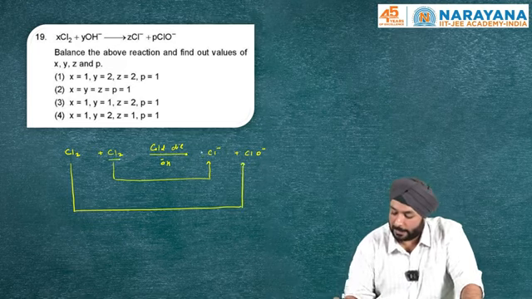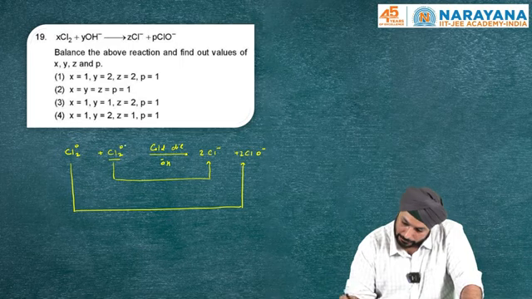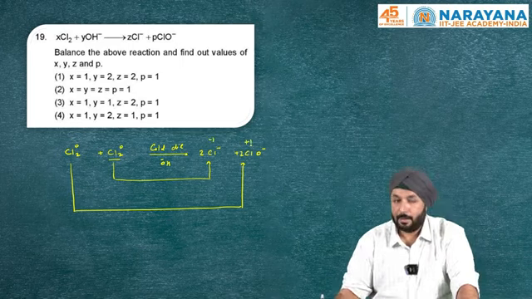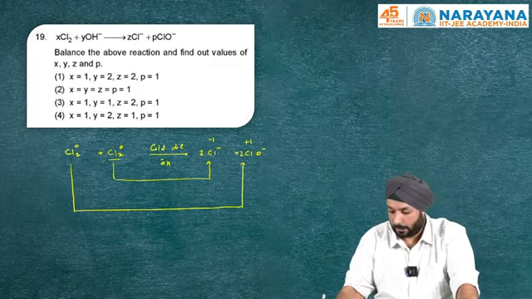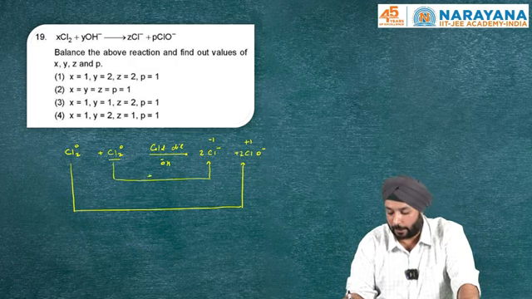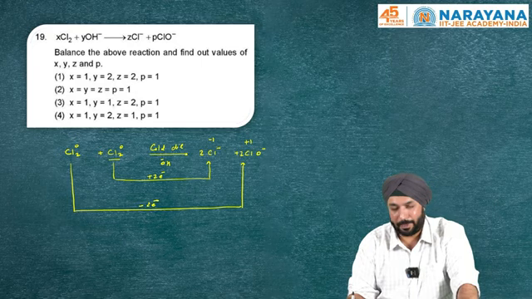First, balance the atom which is undergoing reduction and oxidation. Write down oxidation numbers 0, 0, minus 1, plus 1. Balance the electrons. Calculate the number of electrons lost or gained. 0 to minus 1, it is gaining 1 electron per mole and is losing 1 electron per mole.